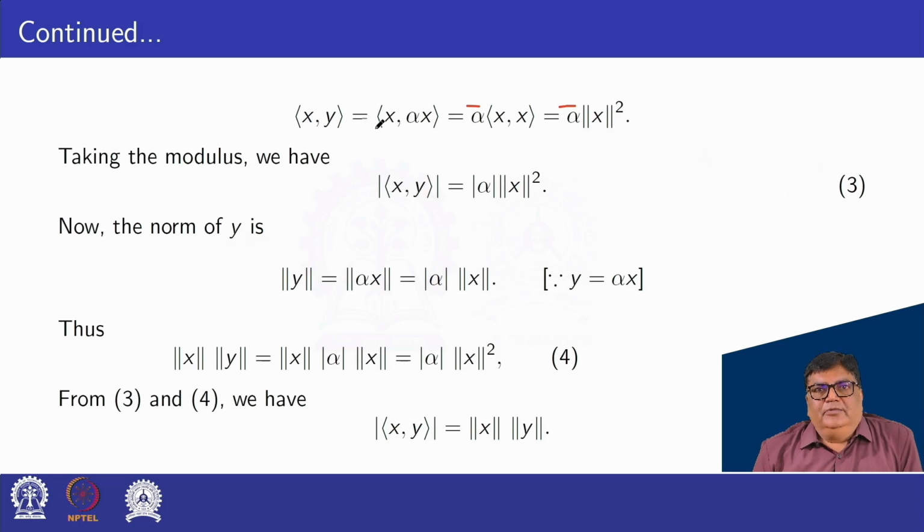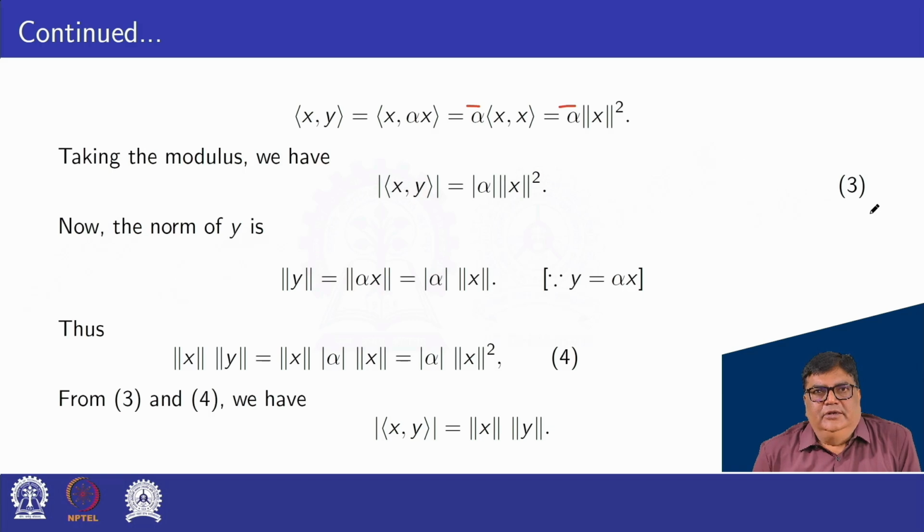By the property of inner product, this can be written as alpha bar into inner product of xx, equal to alpha bar into norm of x square. Taking the modulus, we have modulus of the inner product of xy equal to modulus of alpha into norm x square.